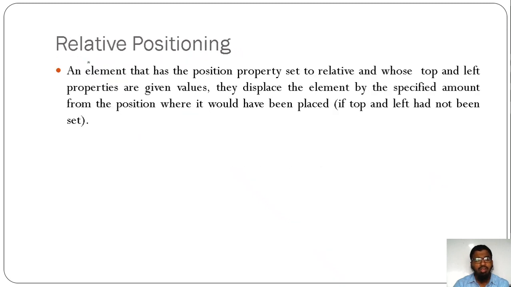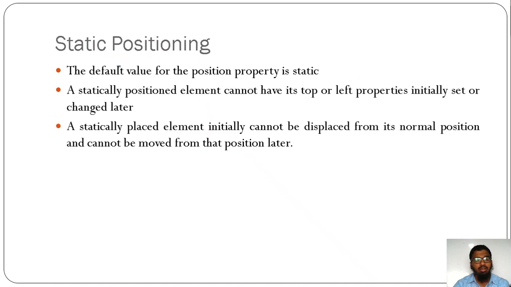If you did not set them, then relative will be there. Automatically it will check for the previous. If we don't have one, then it will be placed as per how the browser responds, and based on that it will react.